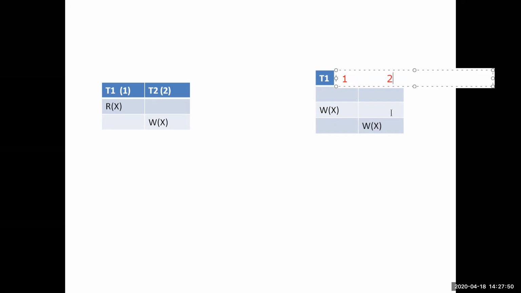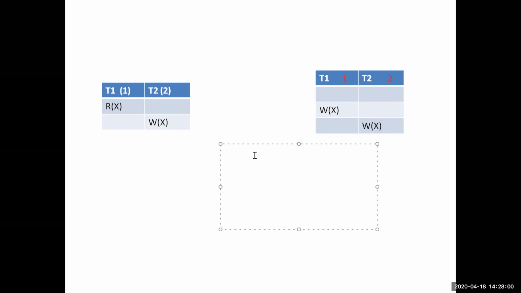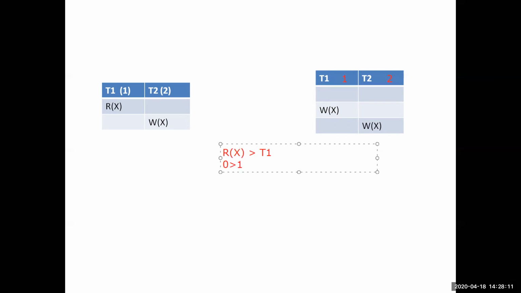Now I need to check for write. For write, I need to check two conditions. One is a read condition and another is a write condition. Right now there is no read. So is read of X greater than timestamp of T1? Read of X right now is 0. Is it greater than 1? The answer is false. I need to check another condition for write, that is, is write of X greater than T1?